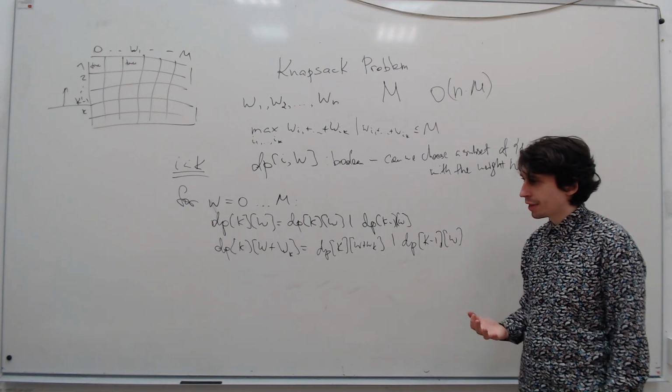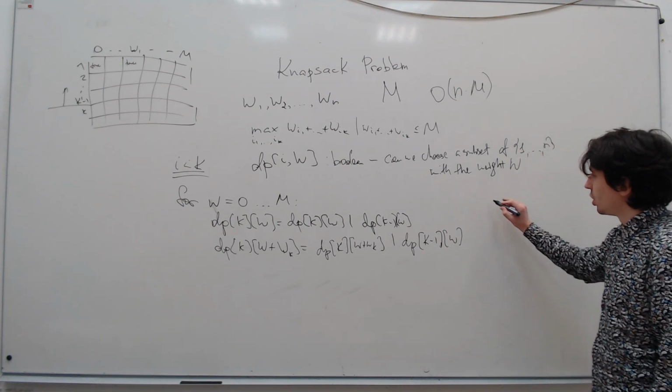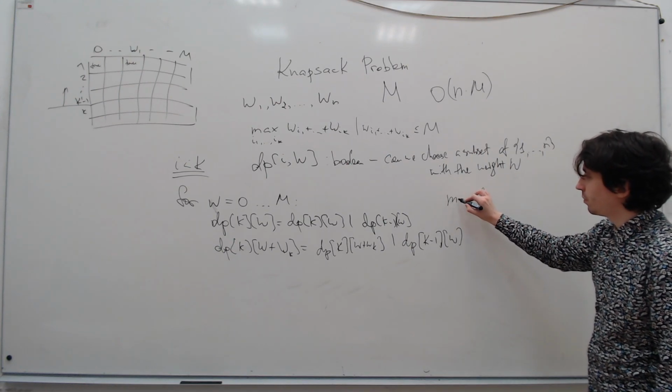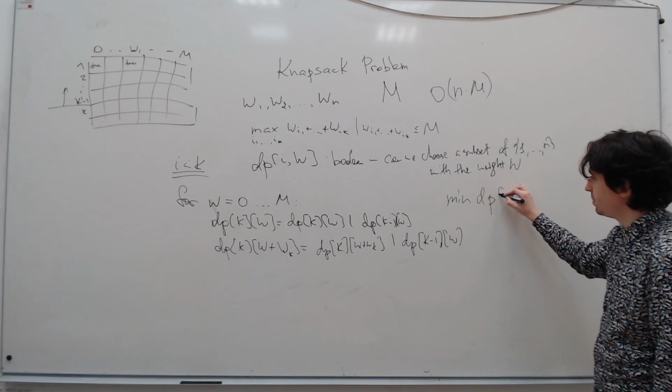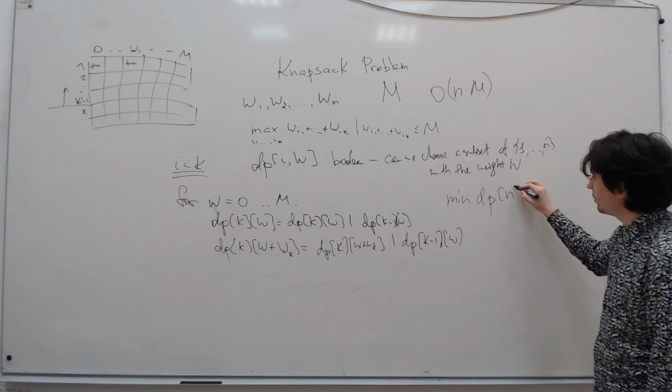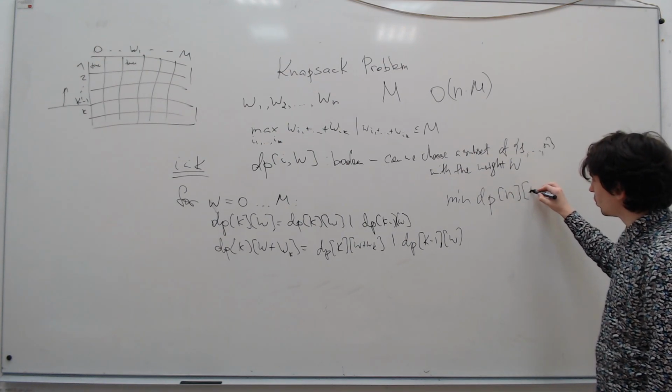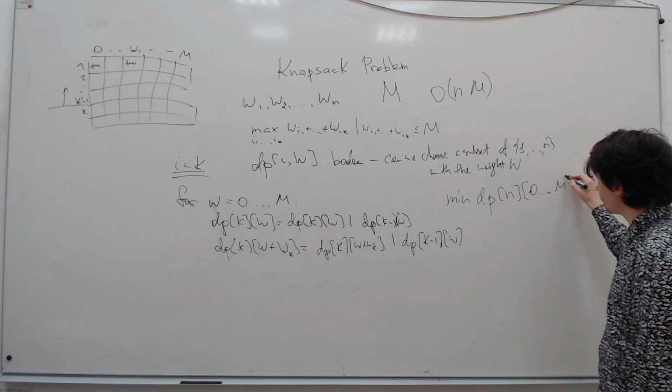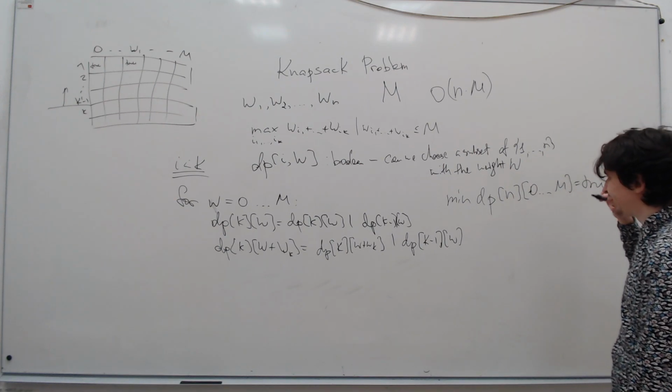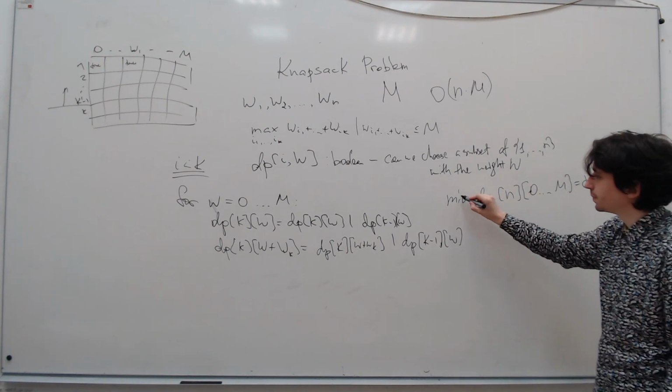And then how to get the answer? The answer, we simply should take their minimum such that dp of n0 m is true. Oh, sorry, maximum.